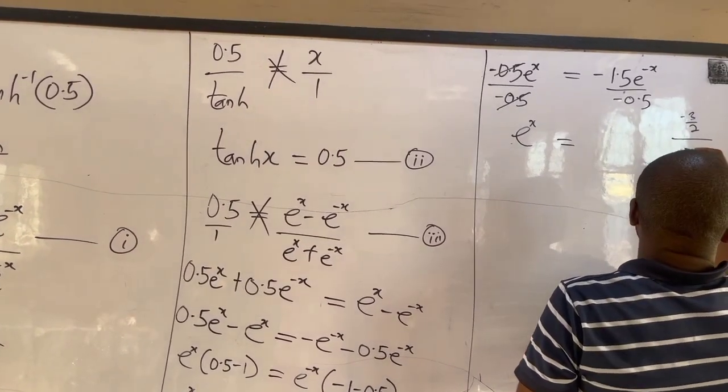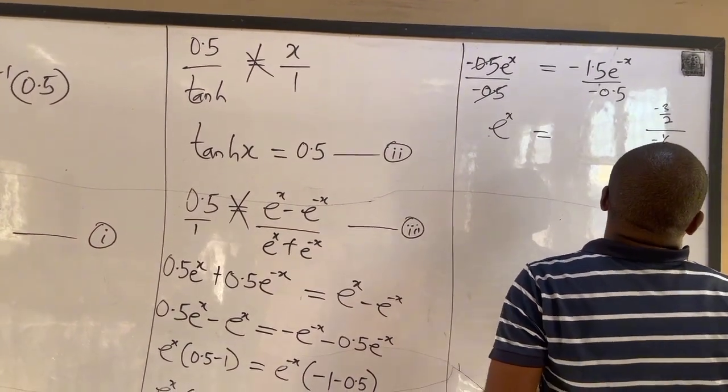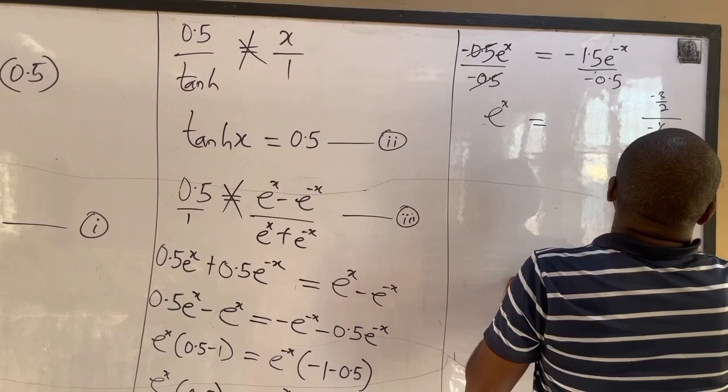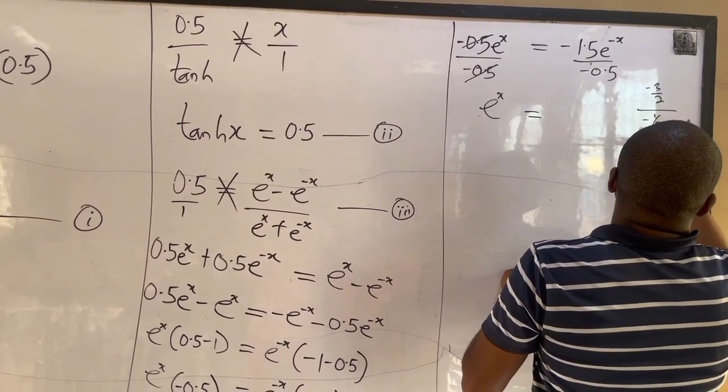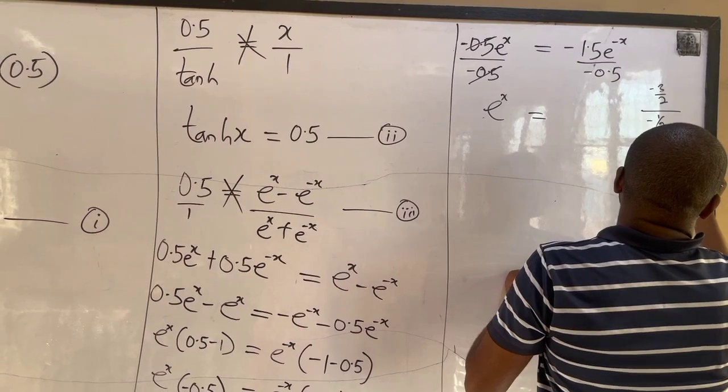Negative 0.5 is the same as negative half. So this will further give me negative 3 over 2 times the reciprocal of this, which is what? 2 goes up, 1 comes down.